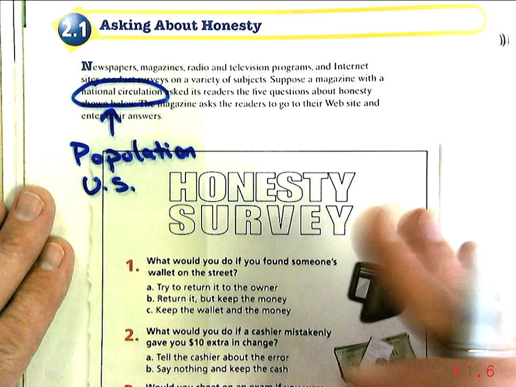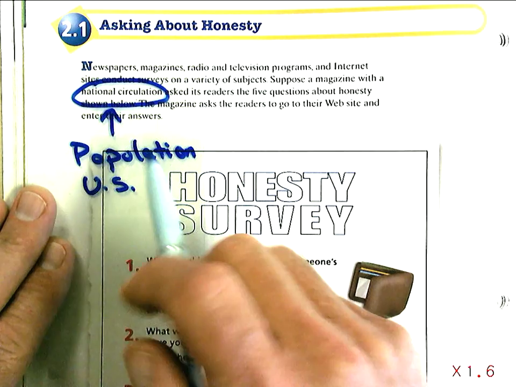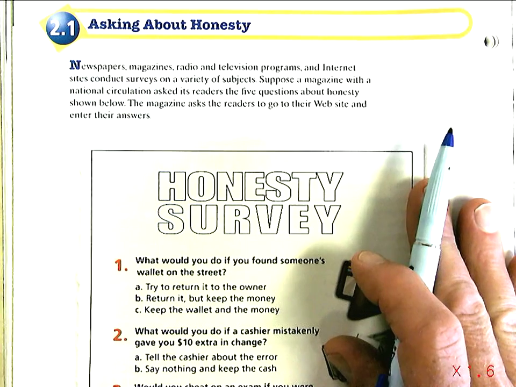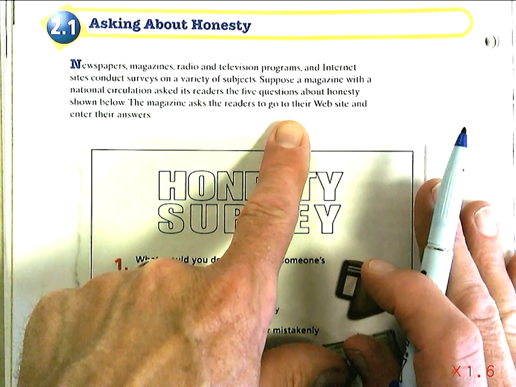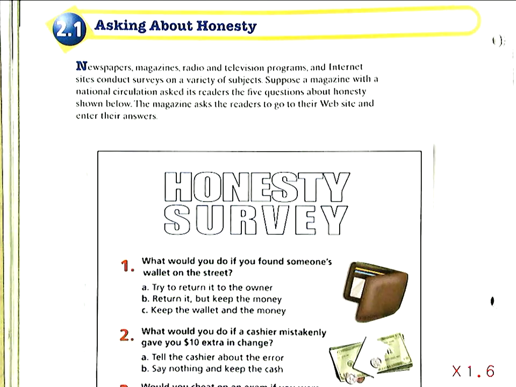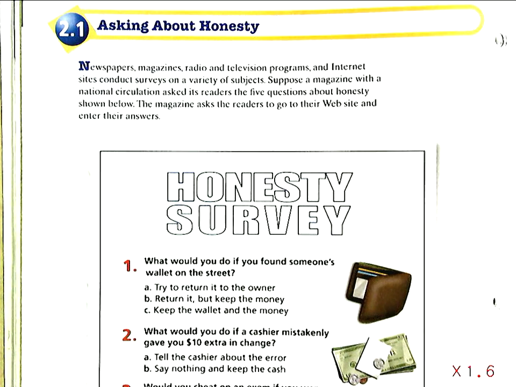It's not something we're going to use, but the idea is that if this magazine has a national circulation, it goes out to people in the United States, and it asks them to go to their website and enter their answers. So what we're looking at now is a way of gathering information.